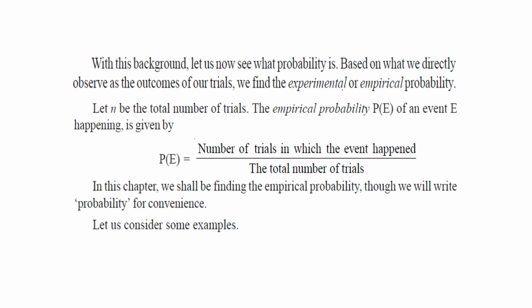So empirical or experimental probability: when we have some background, we have done certain experiments, we have done certain trials, let n be the total number of trials. The empirical probability, that is P(E), the empirical probability of event E happening, is given by the number of trials in which that event happened.